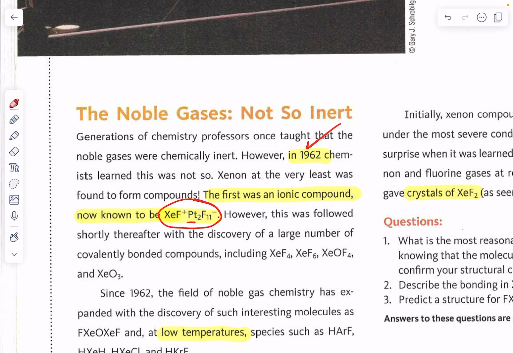The name of this particular ion happens to be xenon, and then we use the word bis for 2, pentafluoroplatinate. And in here, you have 2 pentafluoroplatinate ions connected to your xenon. Now, you don't have to know that. This is something that would be more relevant in, I think, chapter 22.